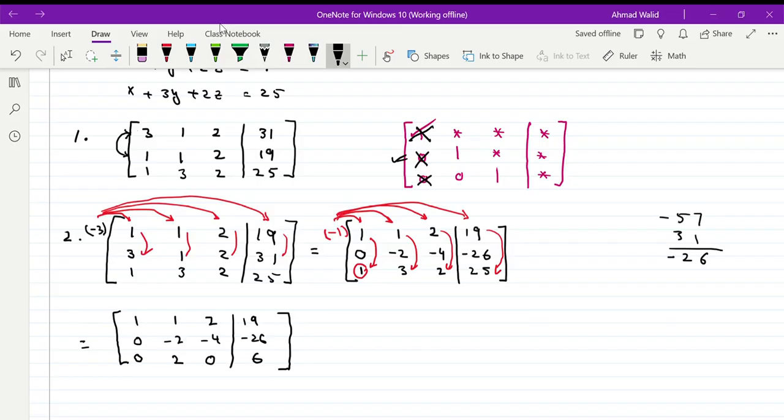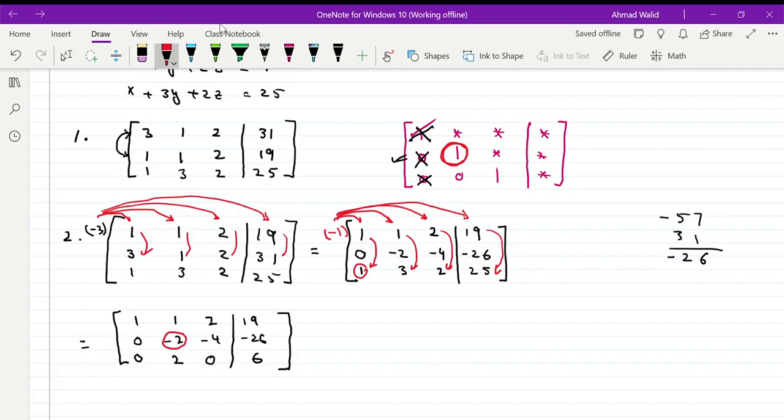Now I have to move to column 2 and change this negative 2 to 1, because, look at your goal matrix, you need a 1 in column 2, row 2.